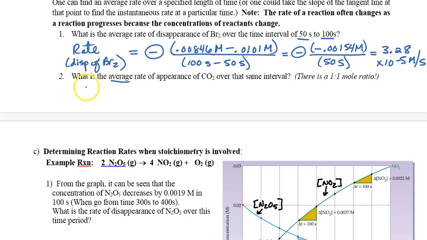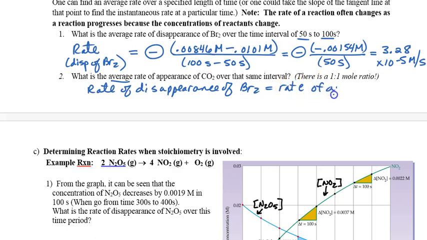So even without the data, we know the answer because it's a 1-to-1 mole ratio. So we're going to say the rate of disappearance of Br2 is equal to the rate of appearance of CO2 because of the 1-to-1 mole ratio.